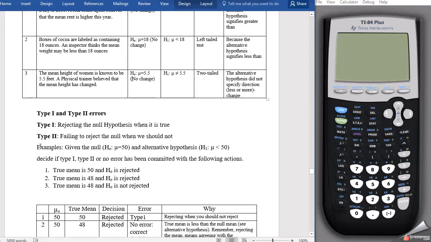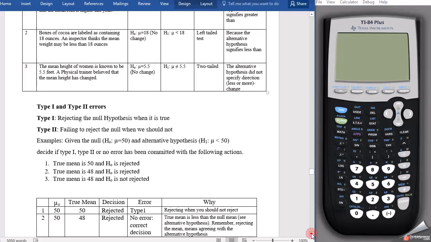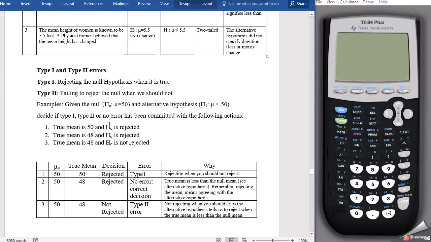Okay, so let's illustrate with this example how we can commit these types of errors. Let's just say that the null hypothesis H0 is the mean is 50, and the alternative hypothesis is the mean is less than 50. So under what conditions do we reject, fail to reject, or take the right decisions?